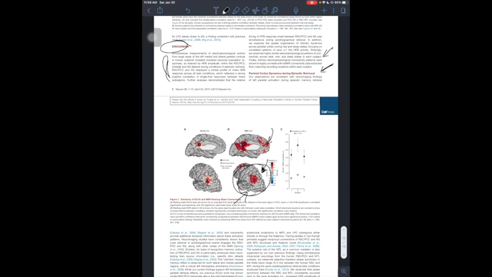So it's showing you the overlap between the two methodologies. When you activate these particular networks during the day, the same patterns are seen at night when you sleep. So the brain isn't just resting in the sense that it's doing nothing. What's happening is that the same networks that we see during the day are being repeated at night.